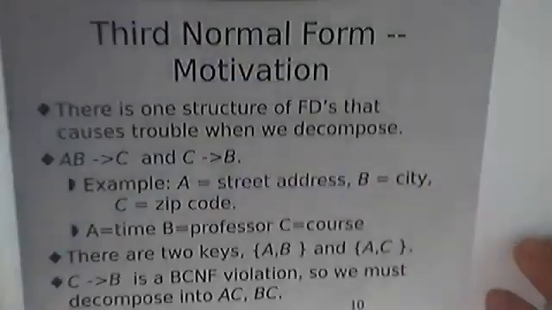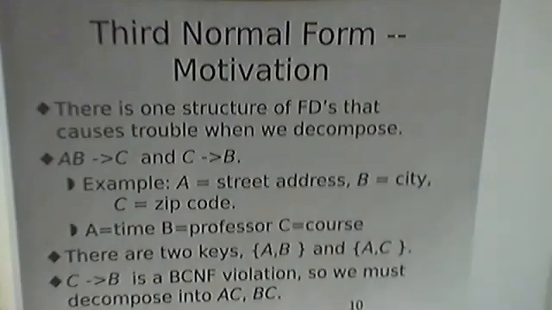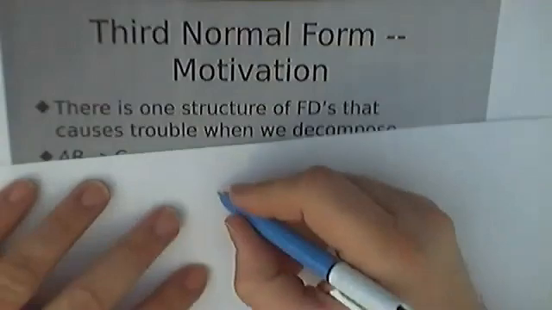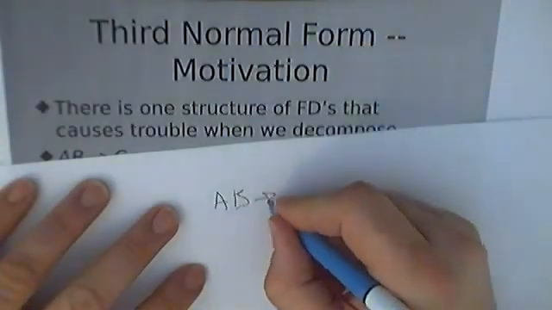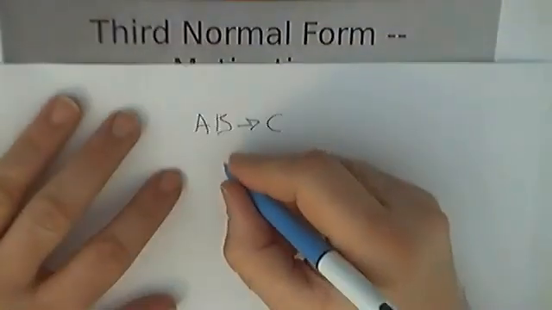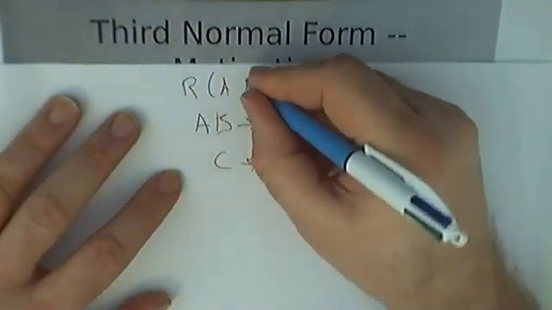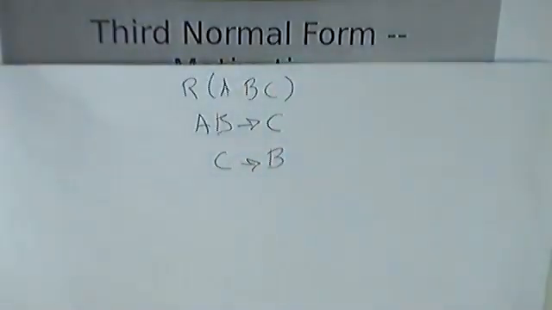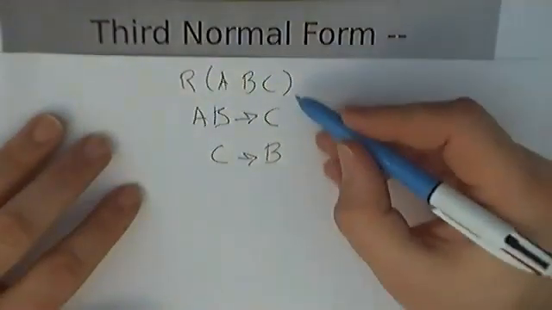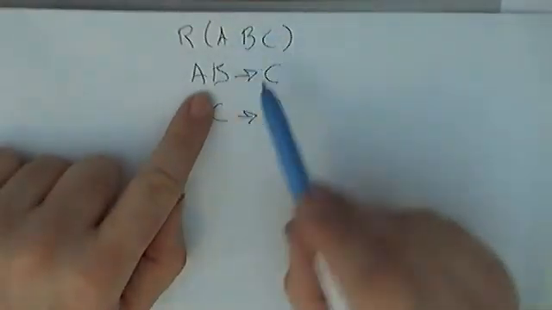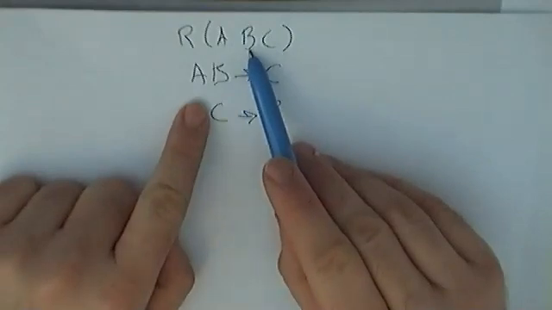All right, now we come to something called third normal form. The idea behind that is, if you do BCNF, you can wind up doing that. So let's do this one here to show it. AB goes to C, and C goes to B, and we're just talking about the relation A, B, C. Is AB a superkey of this relation?